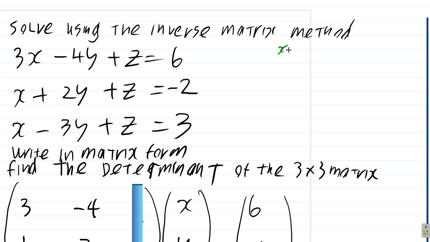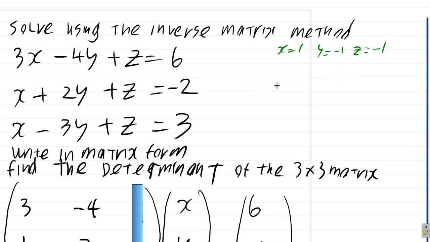Remember, x equals 1, y equals negative 1, z equals negative 1. X is 1 plus 2 by negative 1, so it's minus 2, plus negative 1, minus 1. So 1 minus 1 is 0, minus 2. So the minus 2 is left there. So it works for equation 2.